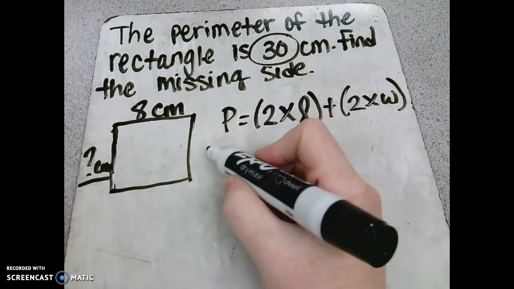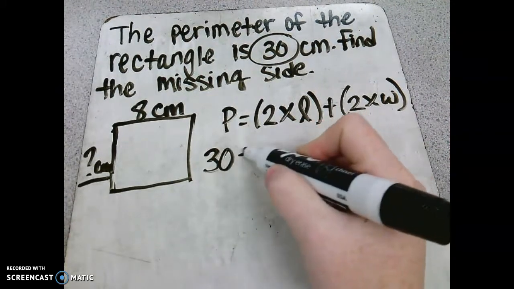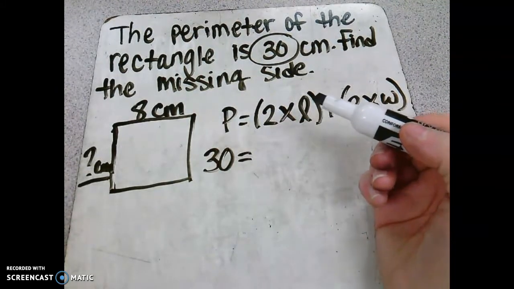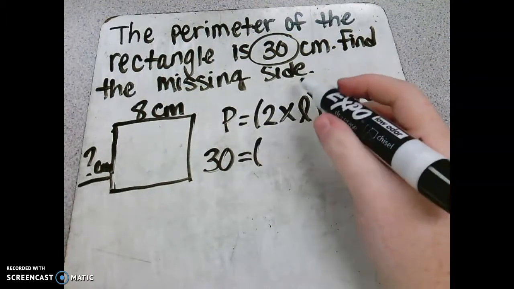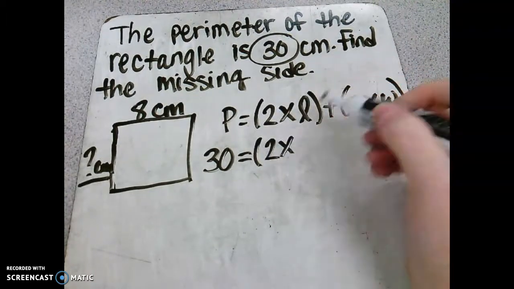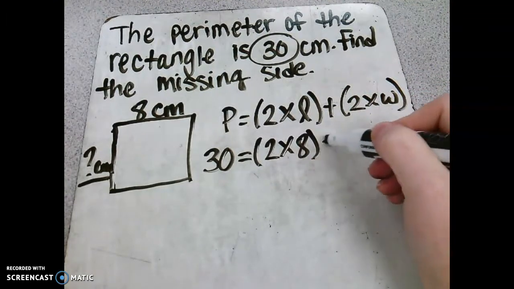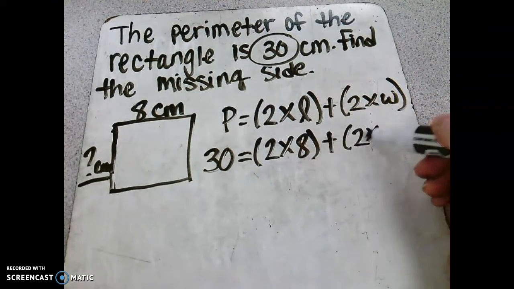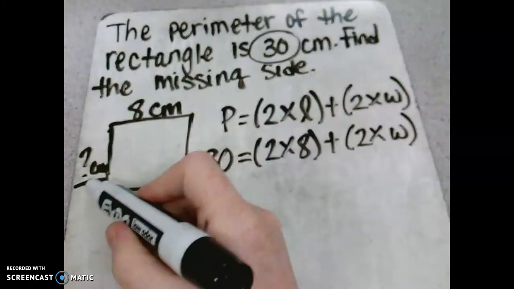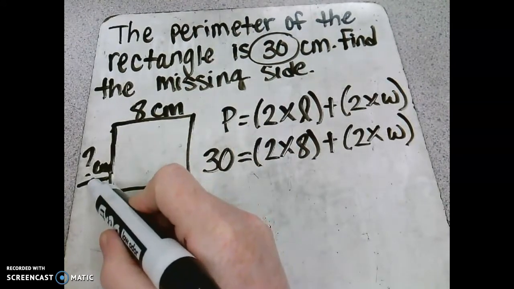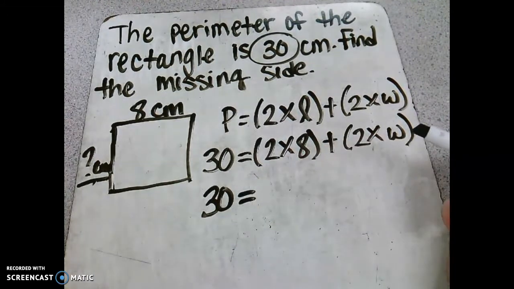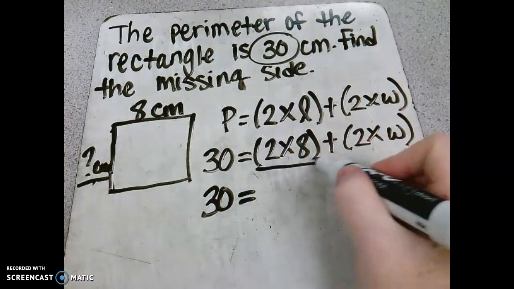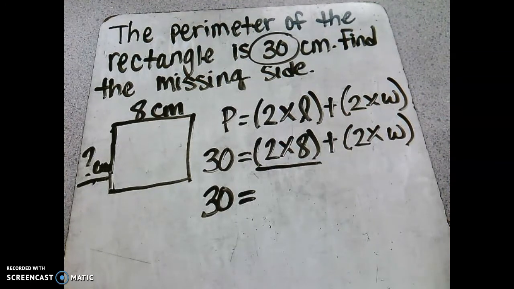So I'm going to plug that in for my P, 30. 30 is the perimeter. Then they have given us our length, so I'm going to do 2 times 8 plus 2 times W, because we don't know what this question mark is yet. Okay, so now we're going to solve what we can. And we can solve 8 times 2. What is 8 times 2?